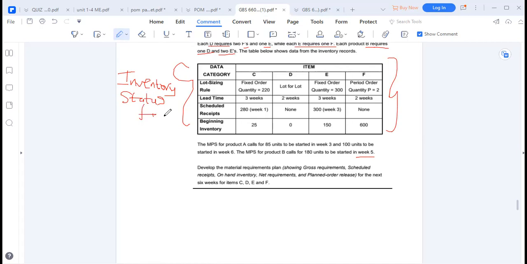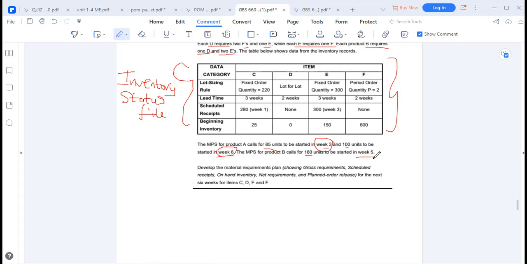From here, we have the MPS for product A, which calls for 85 units to be started in week 3 and 100 units to be started in week 6. For A, they have told us already what we need: 85 in week 3, take note of this, and the other one in week 6. This is just what we have as the gross requirements for A. Then for B, it's just 180 in week 5.